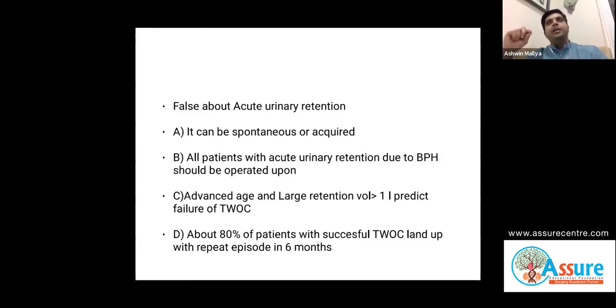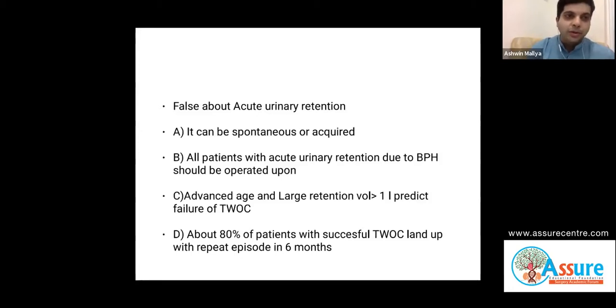Around 80%, if they are just given medical management, can land up with a repeat episode of retention within the next 6 months. Okay, so all patients with acute urinary retention due to BPH should be operated upon.